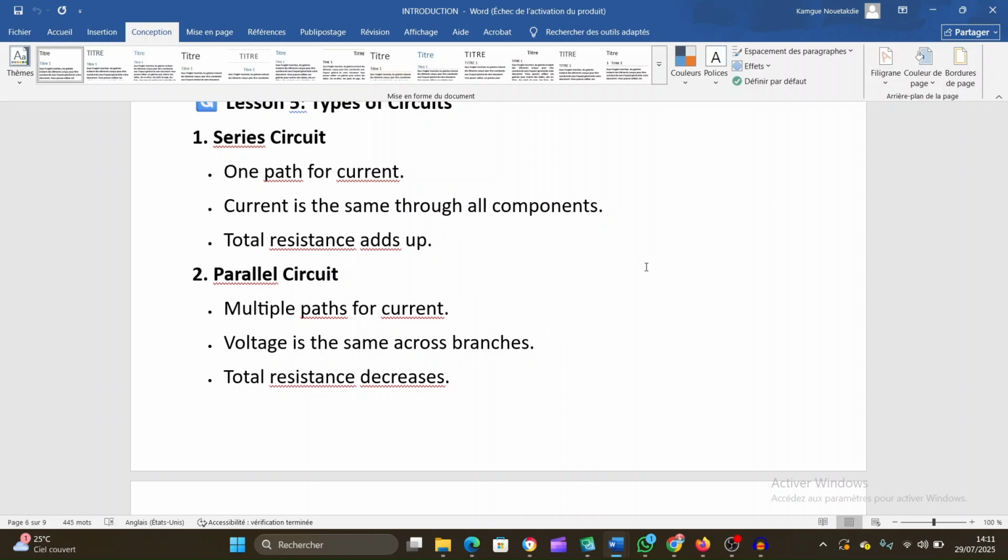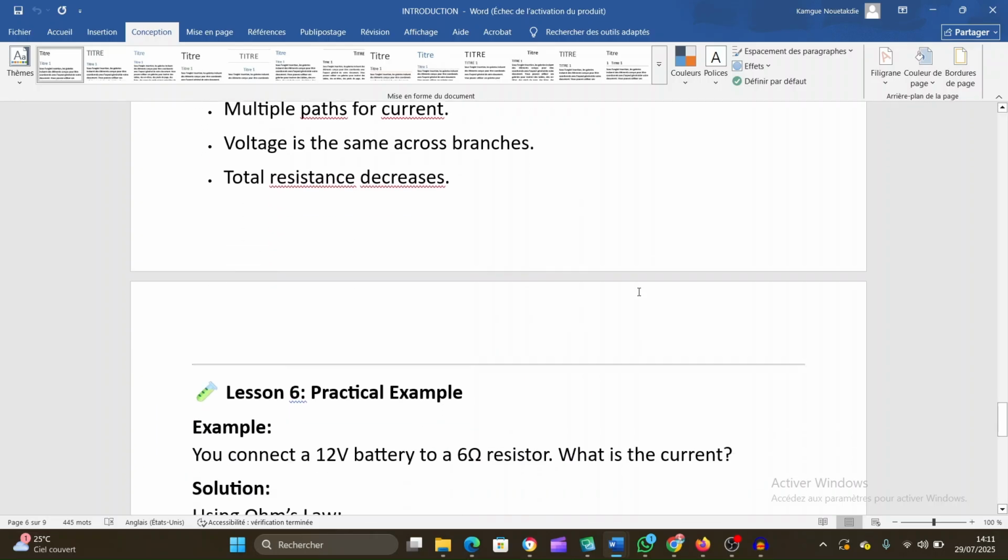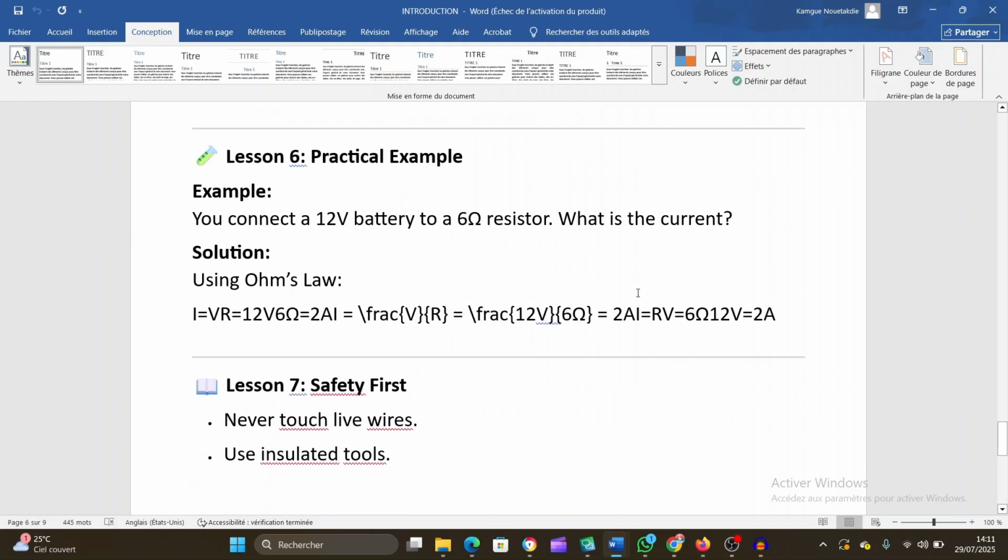Do you remember the fundamental law we can use to calculate? Remember, we said the fundamental Ohm's law is U equals R times I, or V equals I times R. Now, if they ask you to calculate I, which is the current, how will you go about it?